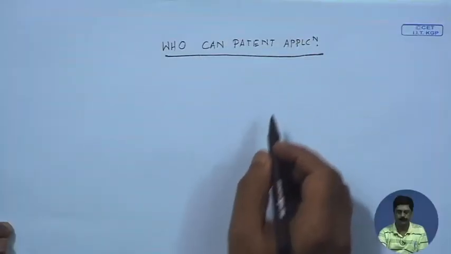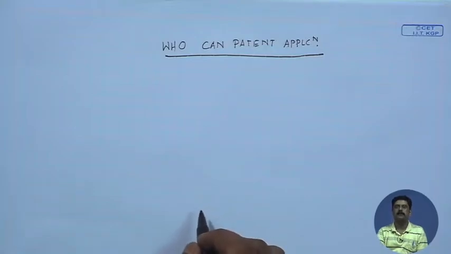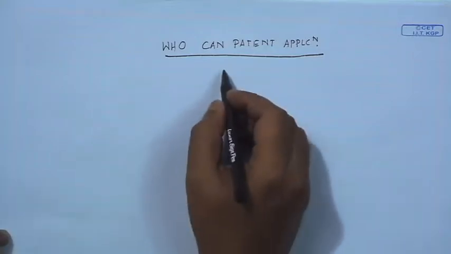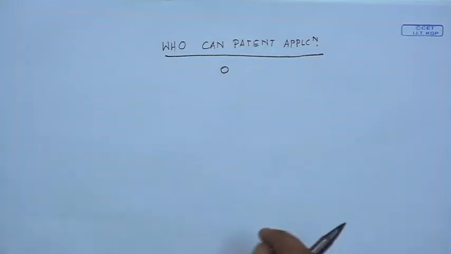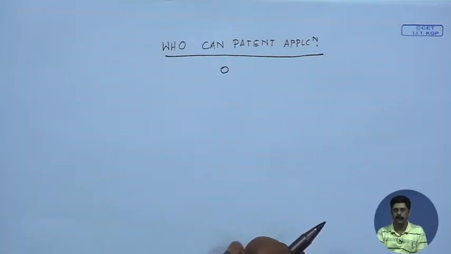So what will be the workflow for that? Questions will immediately come to your mind: whether I, as the inventor, can file the patent application, or whether I have to file it through somebody, or whether I have sufficient knowledge to file the patent application or not.